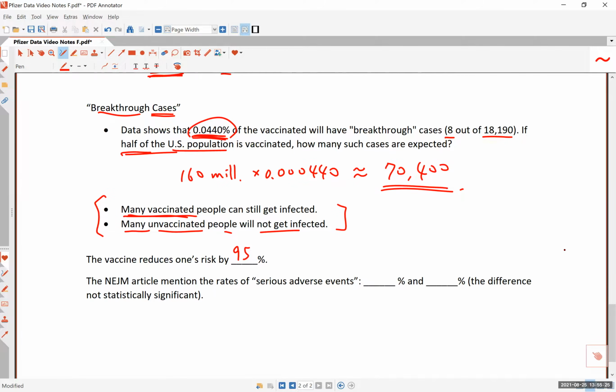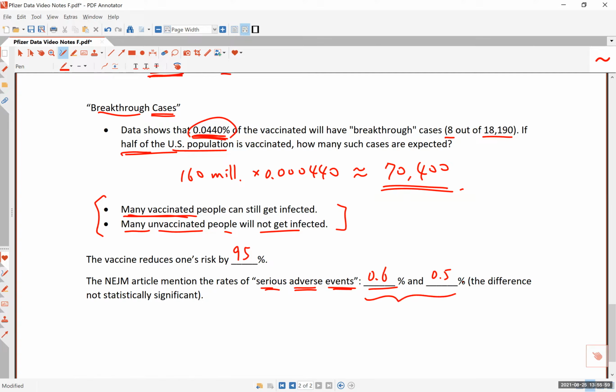All right. Now, I didn't mention this, but what about the side effects? If you look at those articles, and especially the second article in the New England Journal of Medicine, they will tell you that serious adverse events did take place. In fact, 0.6% of the vaccinated people did suffer serious adverse events. That's terrible, isn't it? But wait, in the other group, remember the placebo group who did not get the vaccination, 0.5% of those also suffered serious adverse events.